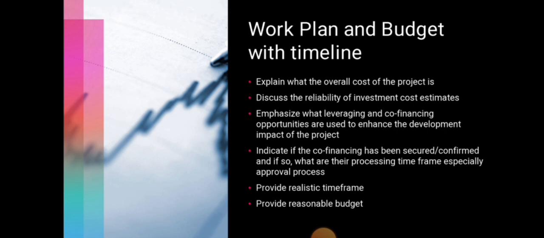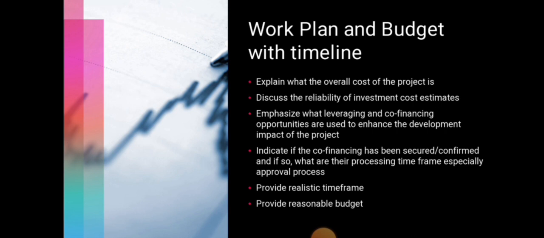And also we have to consider risks, risk management. That means what are the major risks during the life of the project and the potential risks. And we have to include cross-cutting issues such as gender mainstreaming, environmental and social safeguards, and other cross-cutting issues.